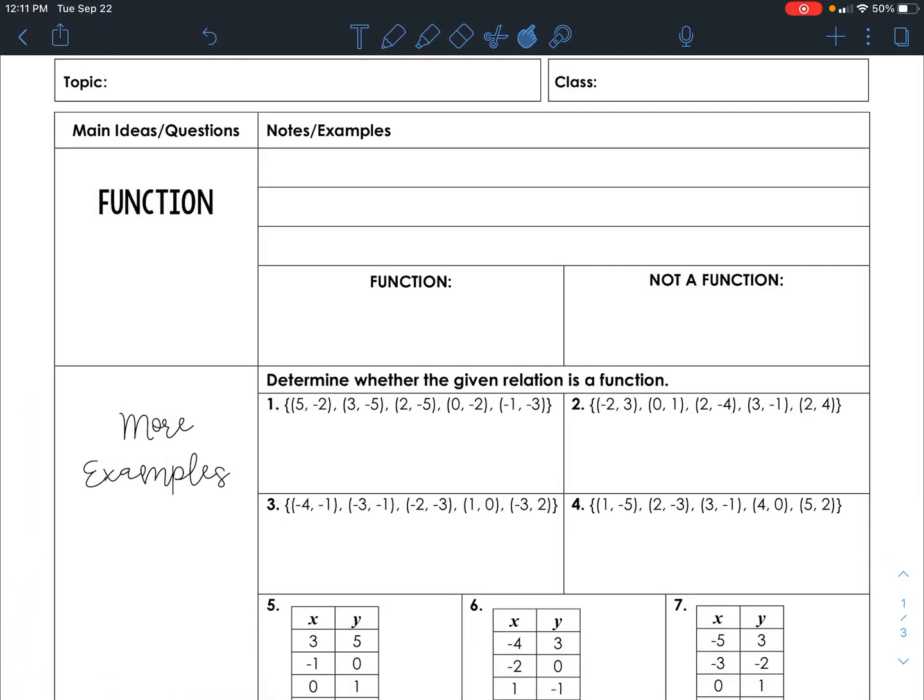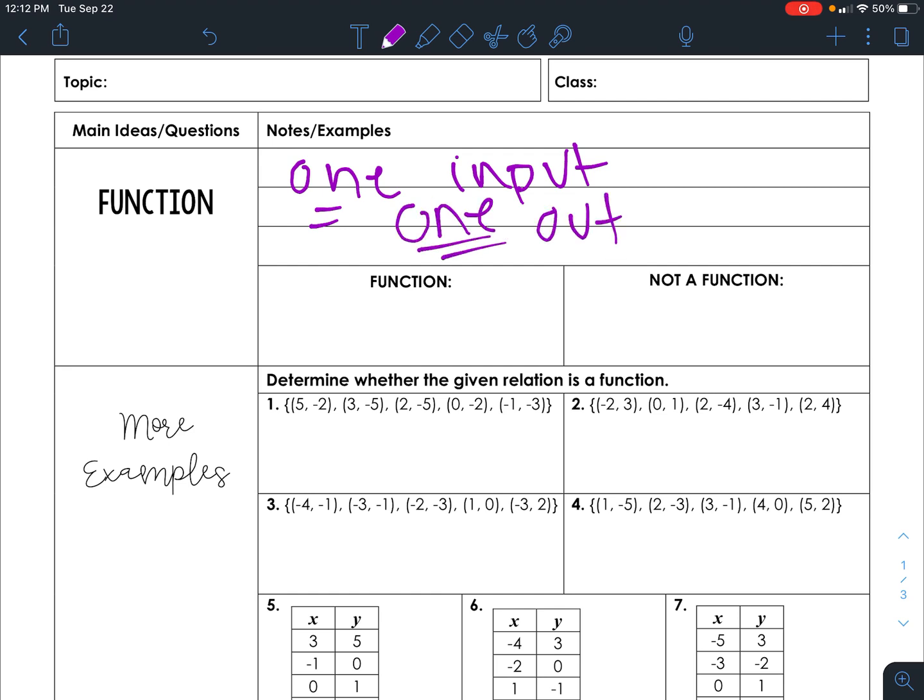The first thing we're going to do is figure out what is the definition of a function, right? So what is the definition of a function? Okay. We've done that for a couple of days. We've worked on it. So if I were going to write it, I would say one input equals one output.